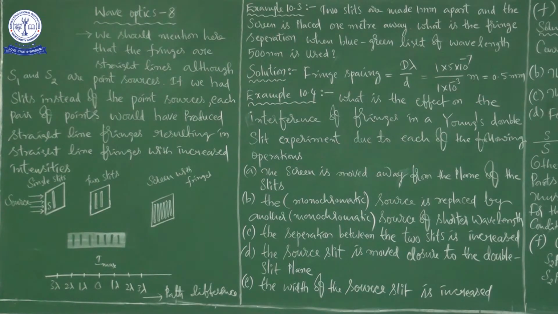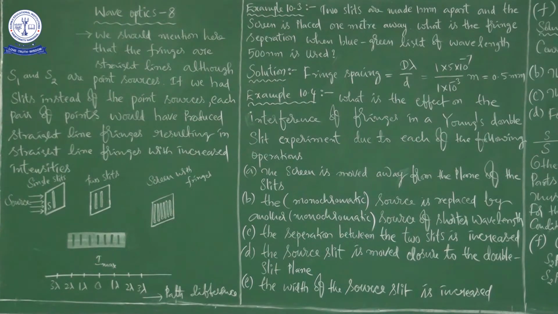So here small d means distance between the two slits from Young's experiment, and capital D is the distance between the slits and the screen on which interference pattern will take place.